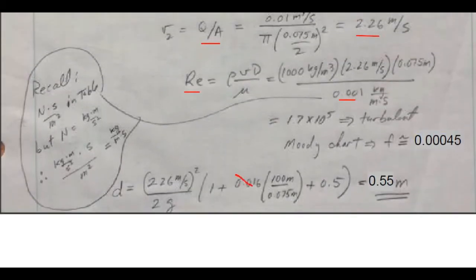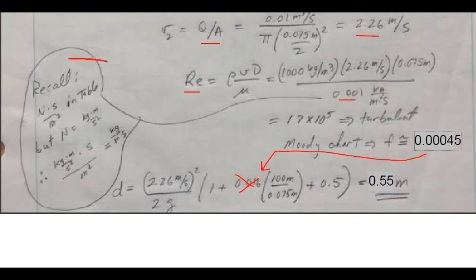So now we can, oops, this should be the value here. So the 0.00045 should go in there. And if you plug that all in together, you should come up with a depth of 0.55 meters.